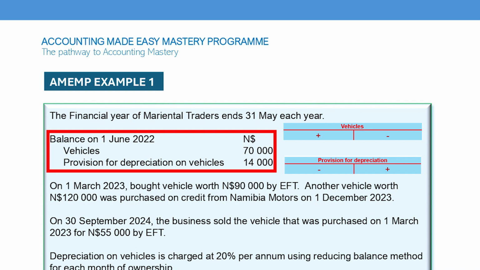So the balance for vehicles is going to be on the debit side, and the balance for our provision account is going to be on the credit side. So when you find balances, even in other topics, balances should always be recorded on the side where the account increases.